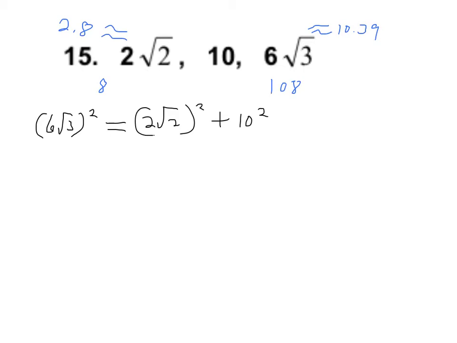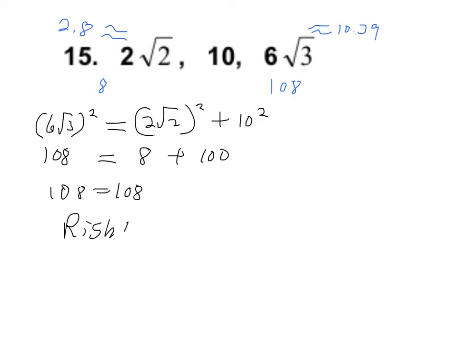So 6 radical 3 squared equals 108. 2 radical 2 squared equals 8. And 10 squared is 100. And hey, look at that. They are equal. And so that means this is a right triangle. So that time I put the hypotenuse on the left side. It doesn't really matter which way you set up the Pythagorean theorem.